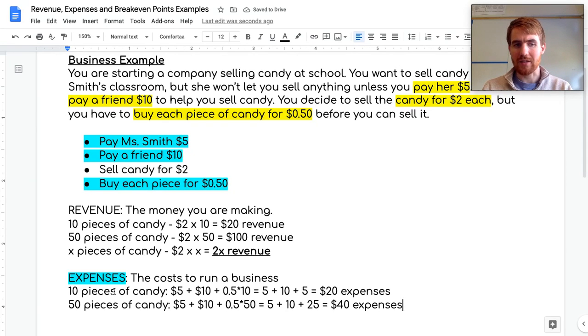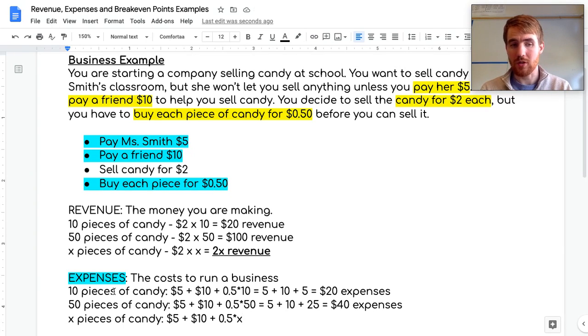Now again, we'll ask the question, what if we have X pieces of candy? Same situation. We know we have to spend $5 for Miss Smith, $10 for our friend, and then 0.5 times, and this time it's going to be X, because we don't know how much candy we're going to sell. If it was 10, we'd put 10. If it was 50, we'd put 50.